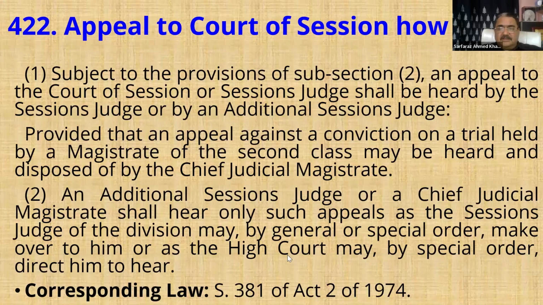Provided that an appeal against the conviction on a trial held by a magistrate of the second class may be heard and disposed of by the CJM. So there is another provision where in some cases it may be heard by the CJM.